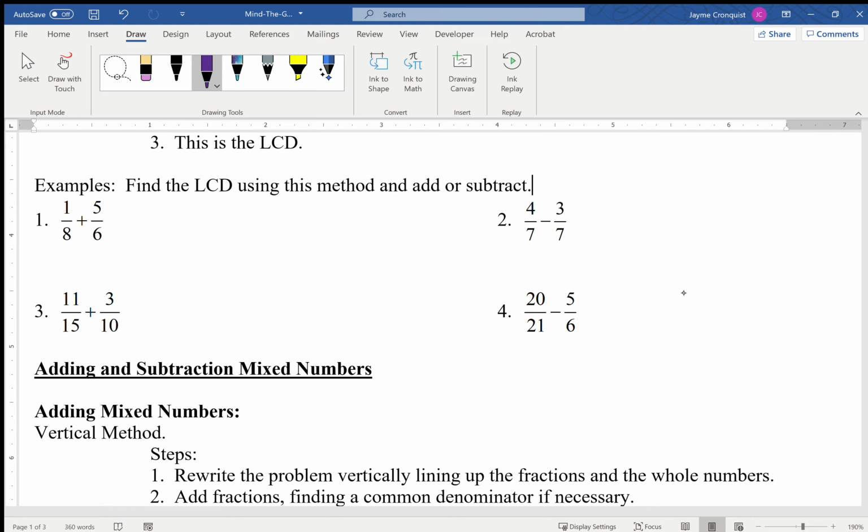So if I'm going to use 24, I'm going to write it over here, 24, because 8 times 3 is 24, and 6 times 4 is 24. So that means I'm going to change this 1 over 8 by multiplying it by 3 over 3.